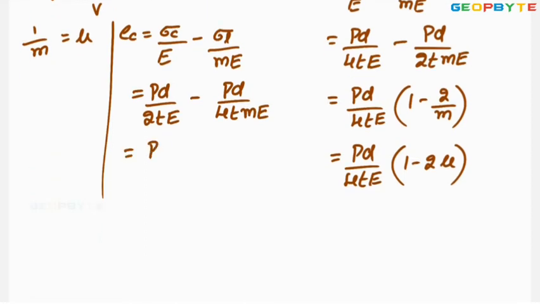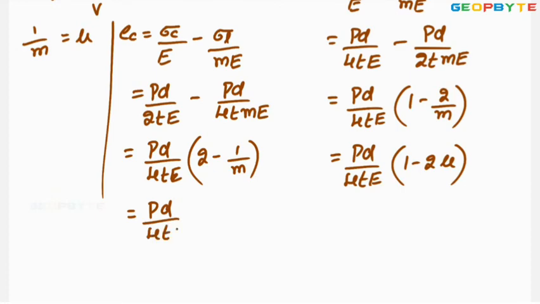Simplify this value. Let us write the PD by 4TE outside. It is 2 minus 1 by m. It is equal to PD by 4TE into 2 minus mu. That is the circumferential strain.